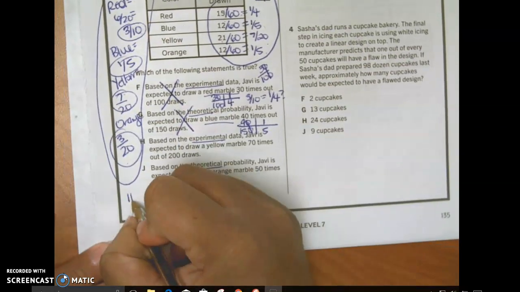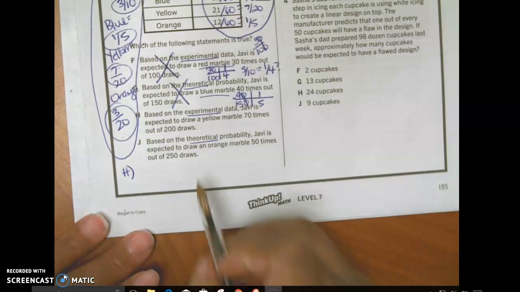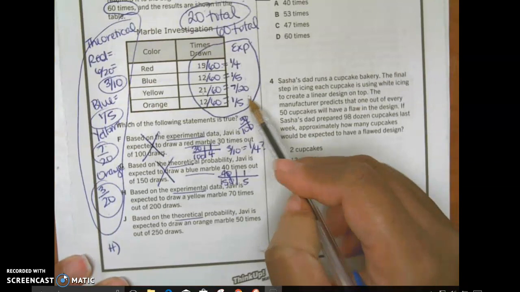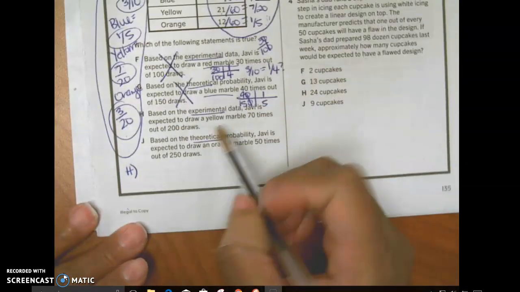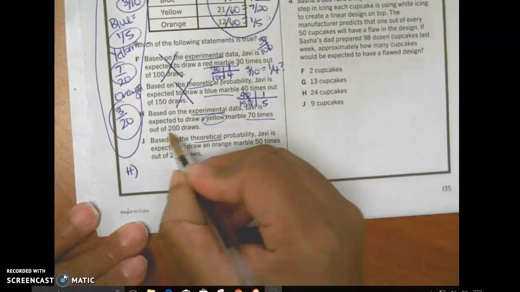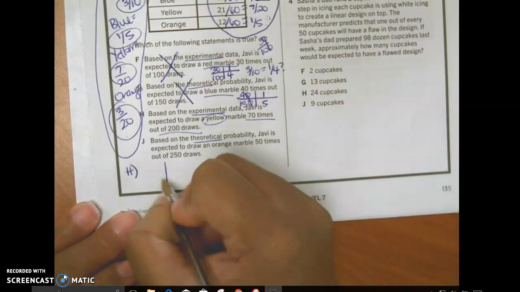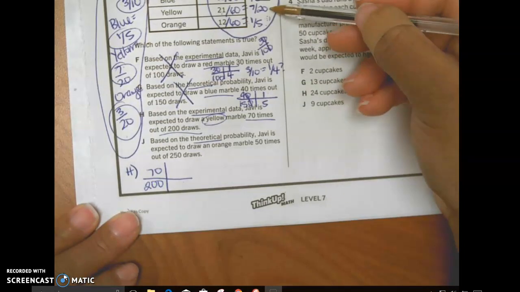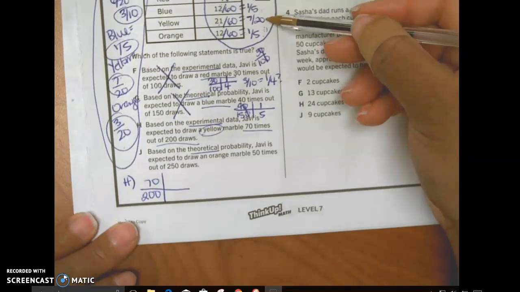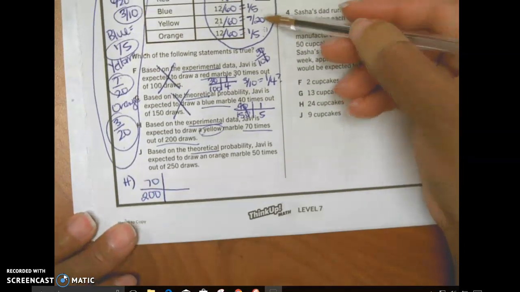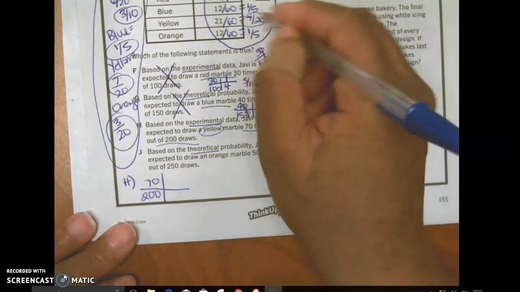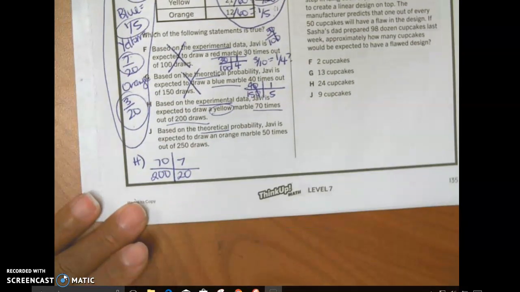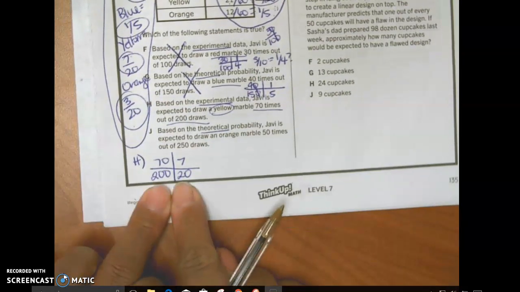I'm going to come down here where I have a little bit more space for H. Based on the experimental, so I'm looking over here at the experimental data, Javi is expected to draw yellow 70 out of 200 draws. 70 out of 200, and then yellow. What fraction do I put on the other side? 7/20ths. Do these equal each other? Yes.